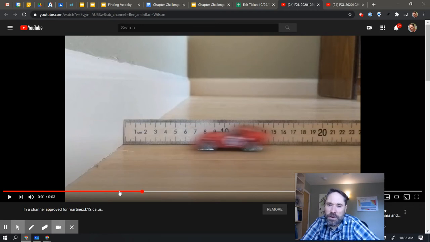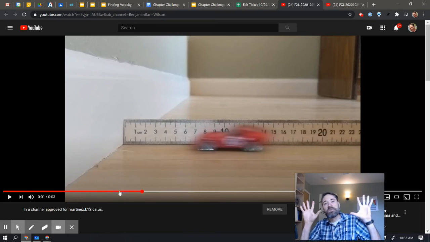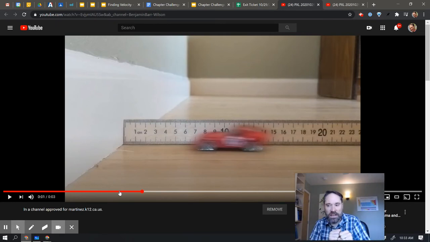I just filmed it at 30 frames per second because some of you might be filming in that same way. 30 frames per second means that every 30th of a second, the camera opens up and takes a picture, and then it closes down a 30th of a second later. In that time that the camera is open, you're getting motion of the car, so there's a bit of a blur within that frame. It is moving pretty fast along its way.